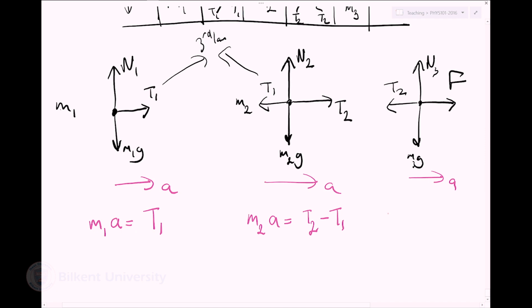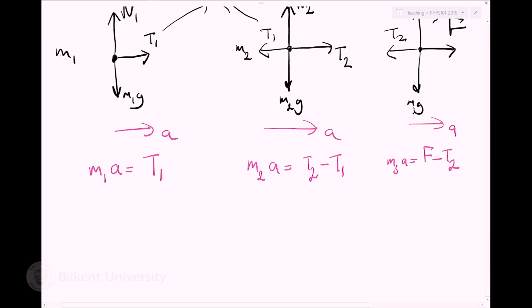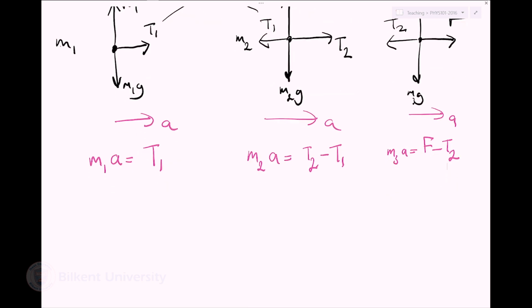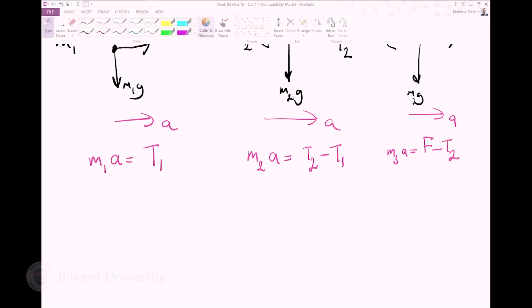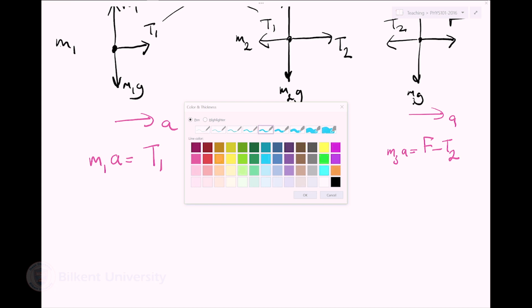And in the final case, M3A is F minus T2. Now, how many unknowns do I have in these equations? Let's count.